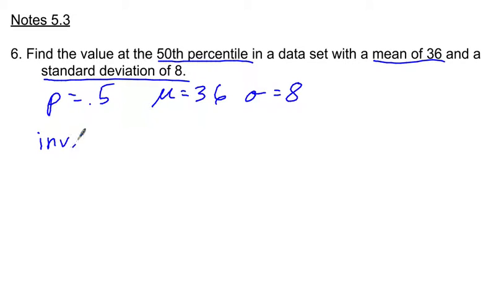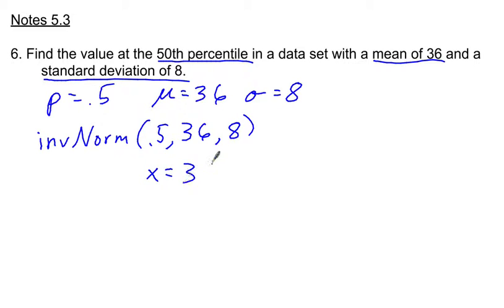So using the inverse normal, 0.5, 36, and 8, we get our data value to be 36. And this should not be a surprise because the mean is in the middle of the data set. That is the 50th percentile. So we could have written 36 without doing any of the other work here.